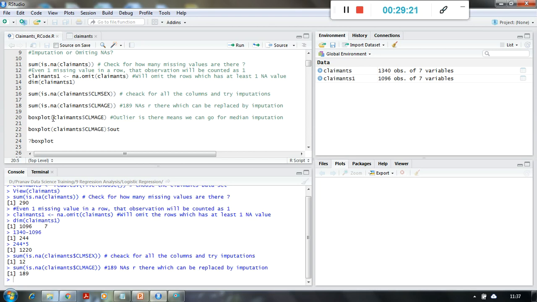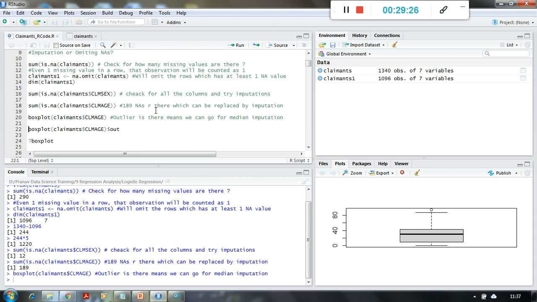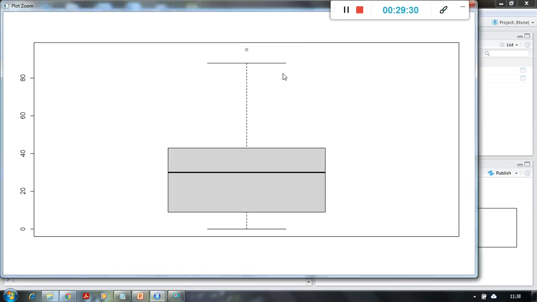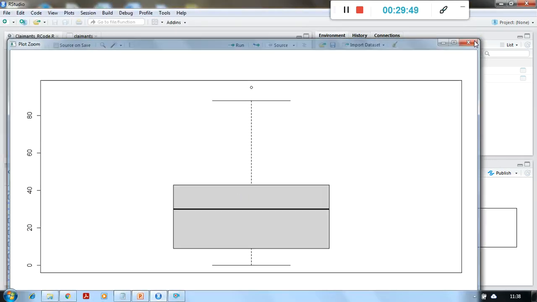So I can check by plotting a box plot whether there are any outlier values in the age, and how many outlier values are there? As we have seen while learning the box plot, from this we cannot judge how many values are there, because this small circle tells us yes, there is an outlier value, but how many outliers are there, we cannot say from this box plot, right?